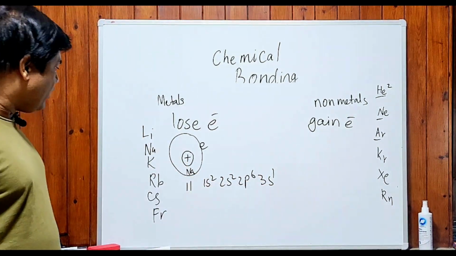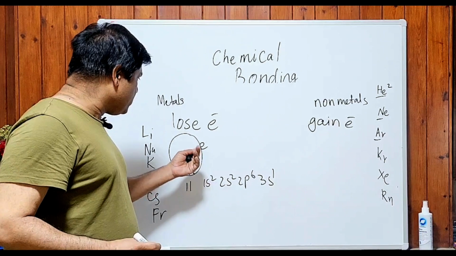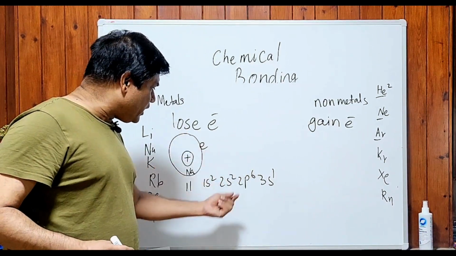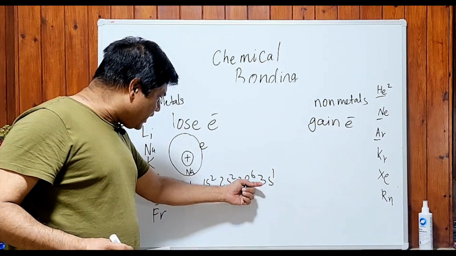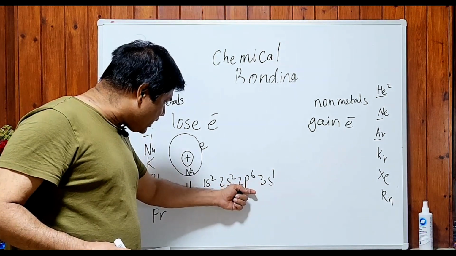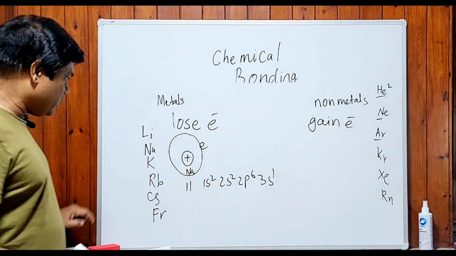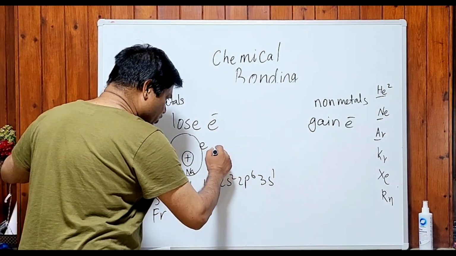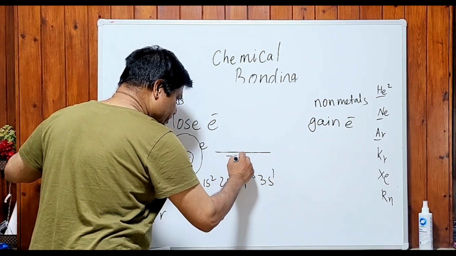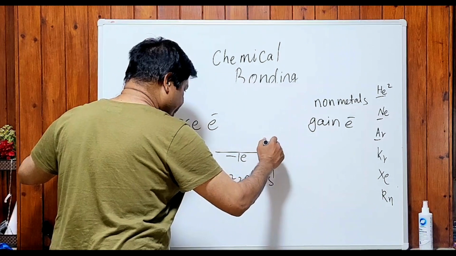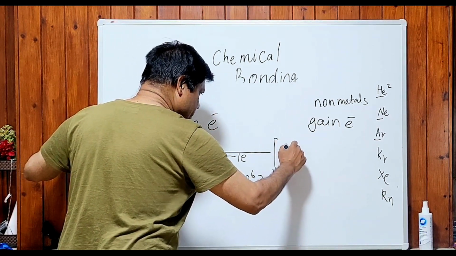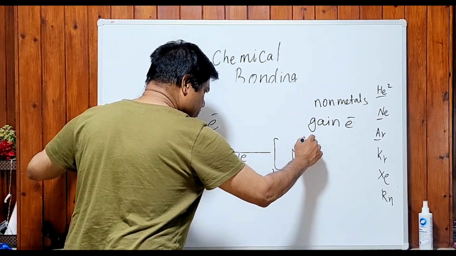When sodium loses that electron, it can show 8 electrons in the next outer shell. So sodium gives away this electron and becomes a sodium ion, Na plus.